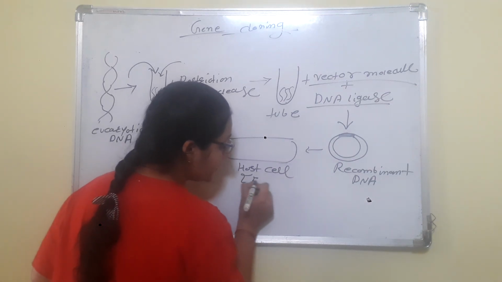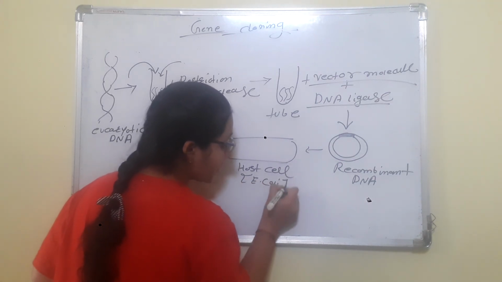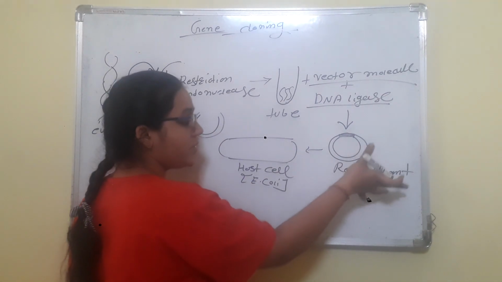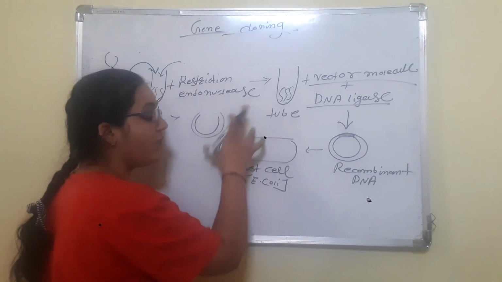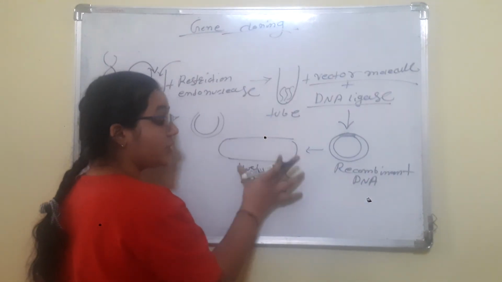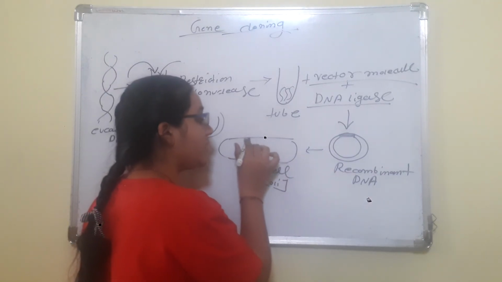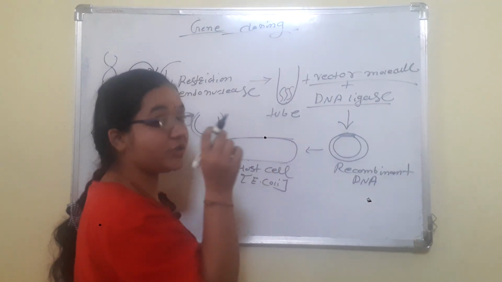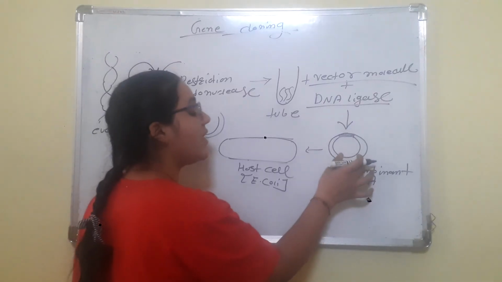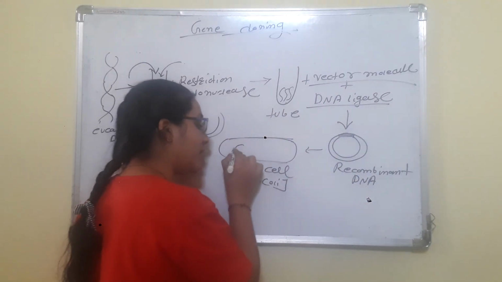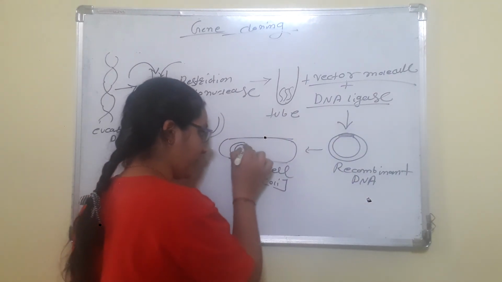Before adding this recombinant DNA into the host cell, we provide shock treatment to this cell. Why? Because it is very important that their cell wall membrane becomes loose for a short period, and our recombinant DNA is easily added into this host cell. Okay, they already have a bacterial chromosome.